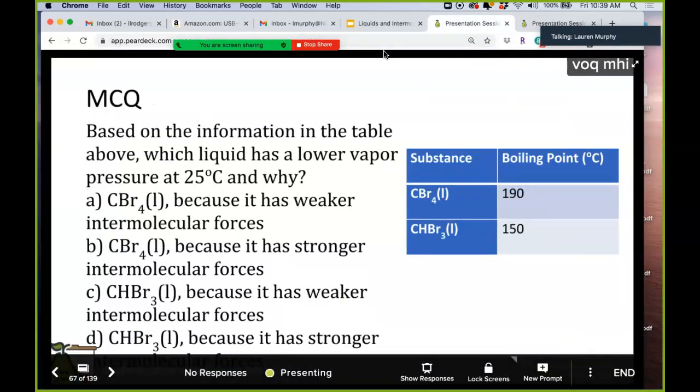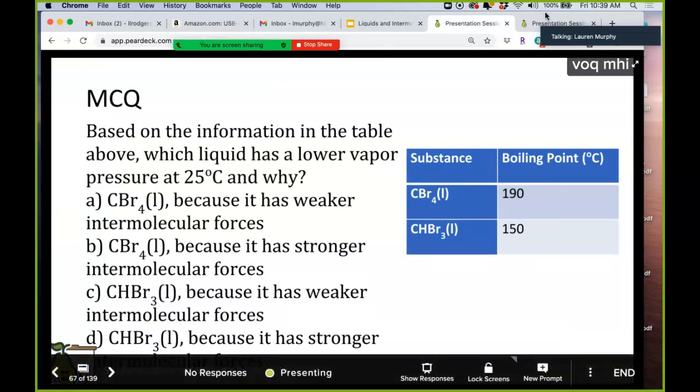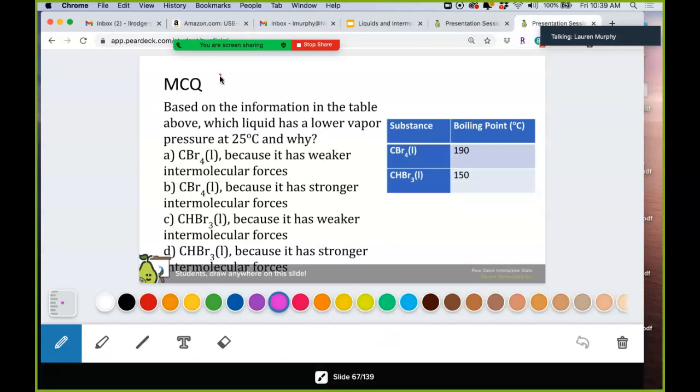So when you read this problem, it says, based on the information in the table, which of the liquids has a lower vapor pressure and why? So let's talk about what a low vapor pressure means. Low vapor pressure means it doesn't escape into the gas phase readily.